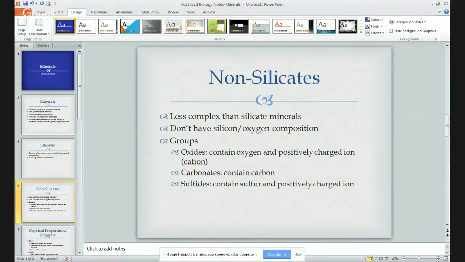So there's a couple of special groups. The first group are the oxides. They're going to contain oxygen, but there's not going to be silicon. They're going to have a positively charged ion, which we call a cation. So we've also got carbonates, and these are going to contain carbon, like the name implies. And then the last group are the sulfides, which are going to contain sulfur.